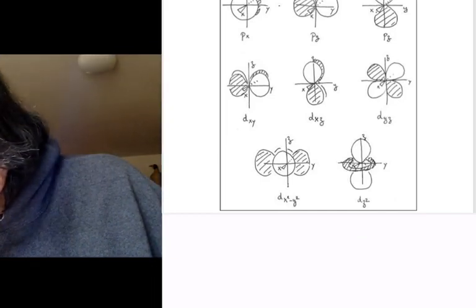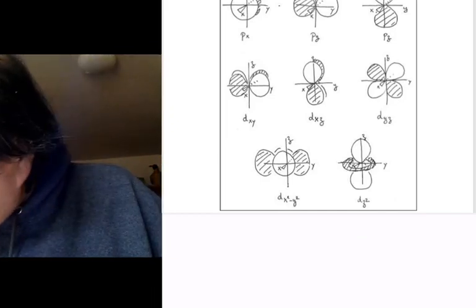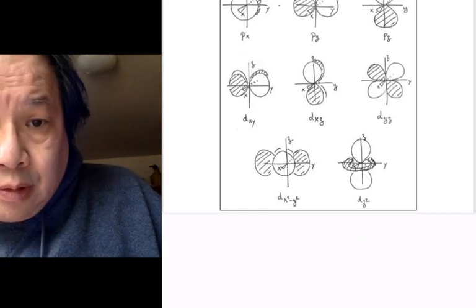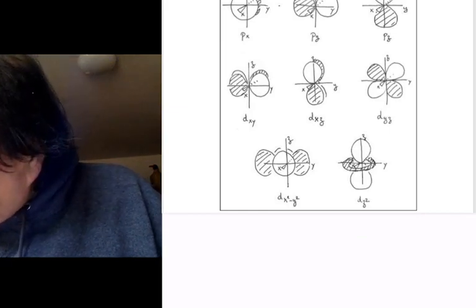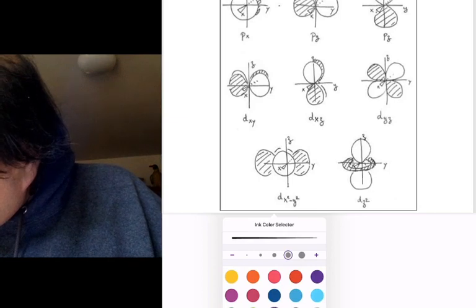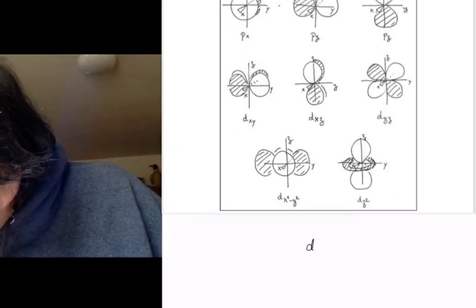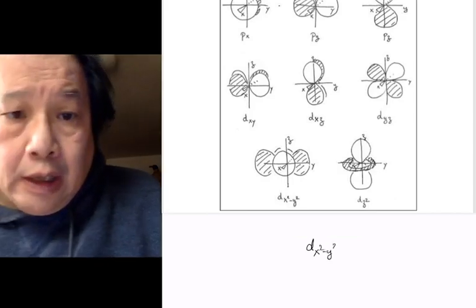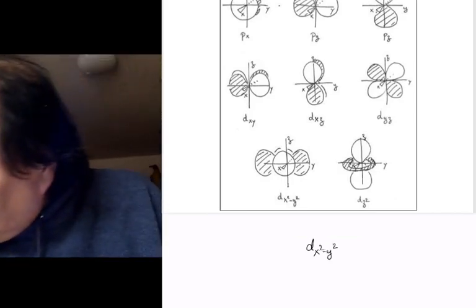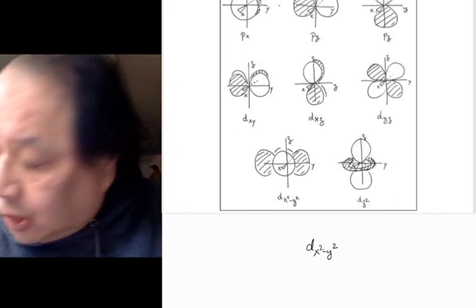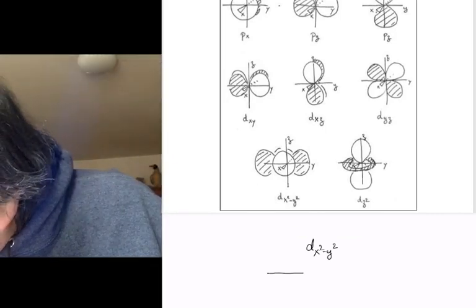Dx squared minus y squared is again a clover leaf, but the clover leaf is pointed along the axes.